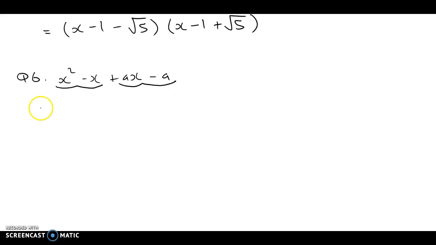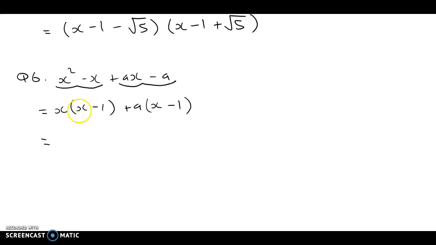If we factorise the first pair, we've got a common factor of x, so we can take that out and in brackets we'll get x minus 1. If we factorise this second pair here, we've got a common factor of a, and then in brackets we'll get x minus 1.